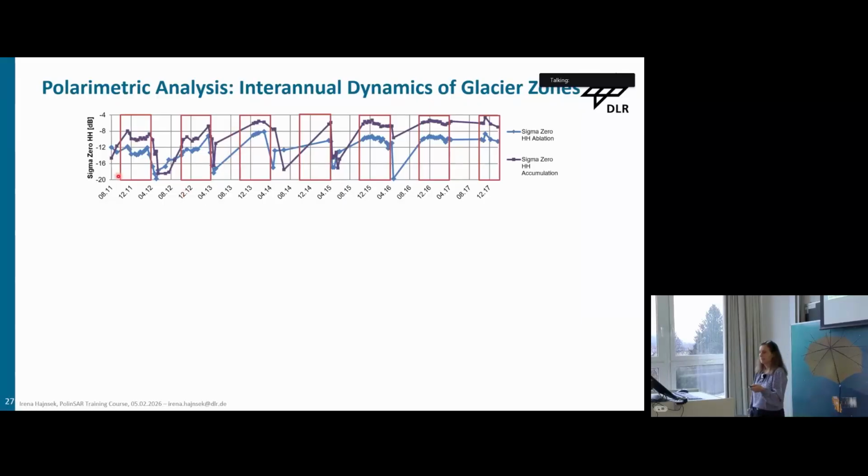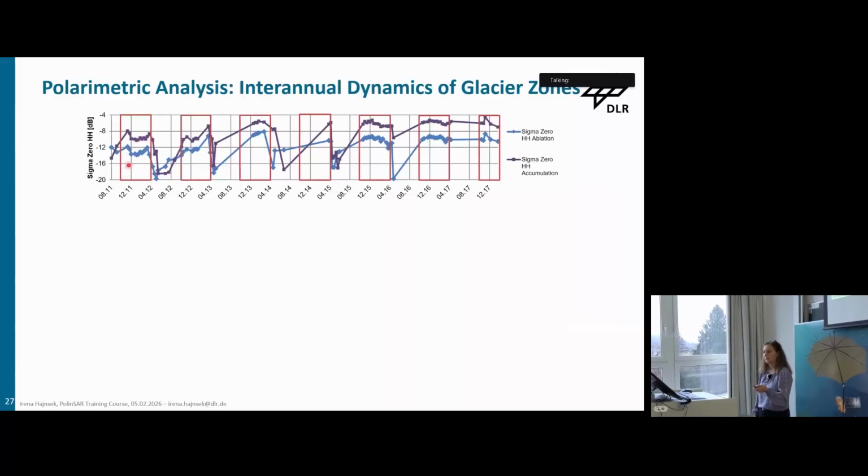However, you see it also here in the ablation zone. It's the bluish one, and I would say the violet line is the accumulation zone. You see also some differences over time, but what is interesting, this is within the year always, the red box.